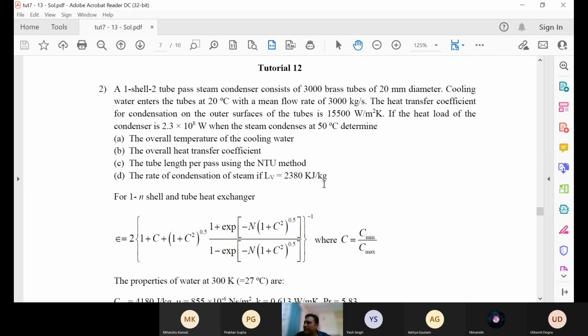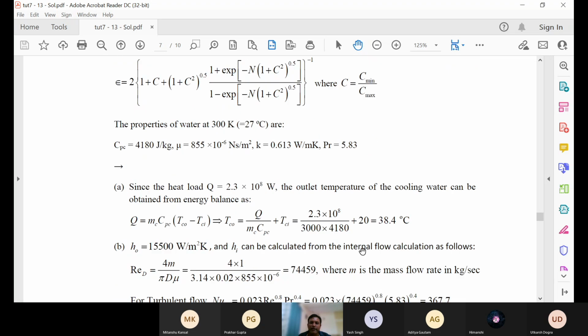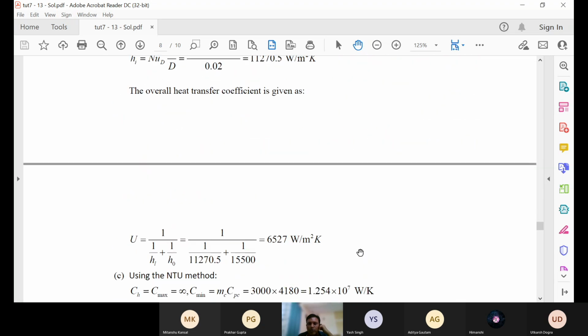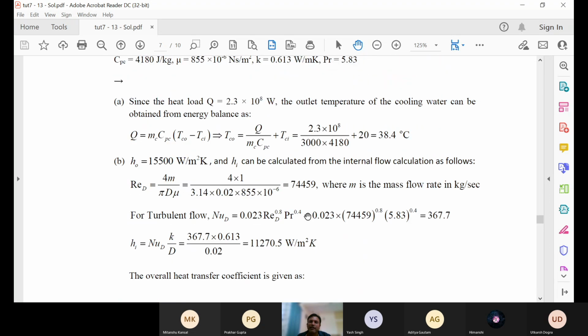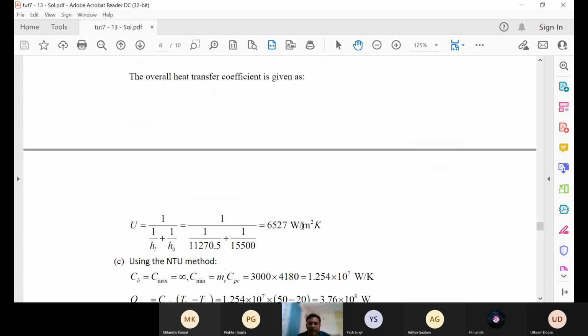There are 2 tube side passes. So 2 into how many tubes are there? 3000 into area of the one tube. Area of the one tube will be what? Pi dl, isn't it? So we can calculate the total heat transfer area also.